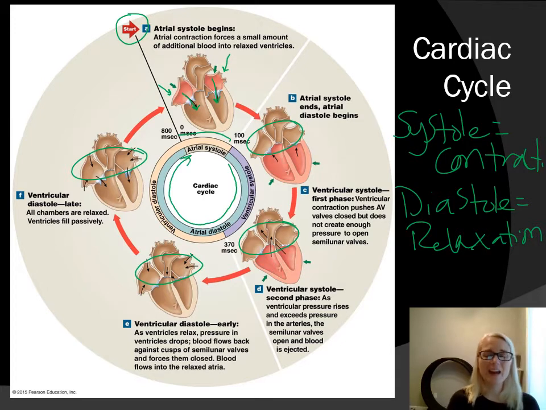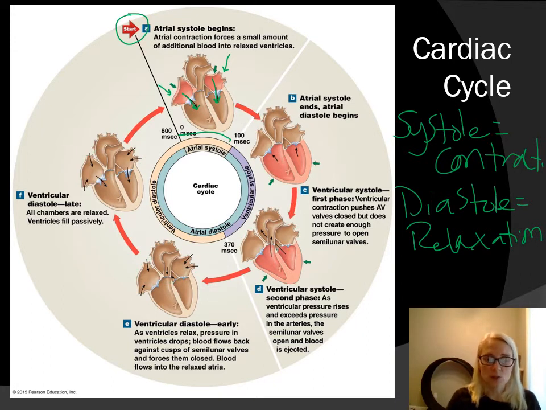So in this whole 800 milliseconds of a typical cardiac cycle, 100 is spent in atrial contraction, 700 milliseconds are spent relaxing. They're not totally relaxing, they're being filled with blood. Blood is continuing to come in. We'll have oxygenated blood coming in from the lungs, deoxygenated blood coming in from the vena cava, and they're just going to keep filling even though the ventricles are off doing their own thing. They're just not actively contracting.